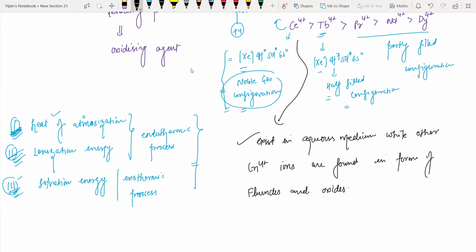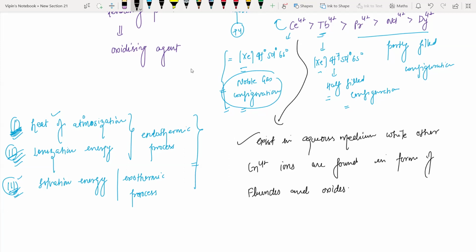Right? It means the process will be more endothermic, right? In nature, those processes are feasible in which the energy required to achieve any particular process is compensated by some means. What I am saying is, if we want to get cerium plus 4 ion, then we have to remove 4 electrons from cerium, right?